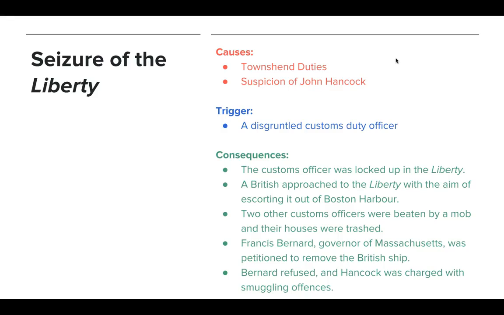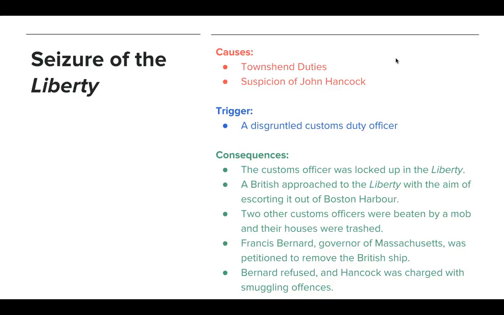All right, just to touch base on last time, we looked at the seizure of the Liberty. This was John Hancock's ship, and it was seized because of the Townshend duties and the suspicion of John Hancock being a smuggler. Ultimately, the consequences of this was not that great for Hancock.